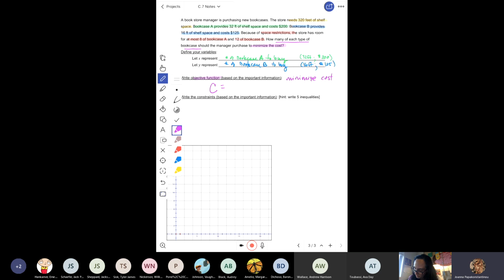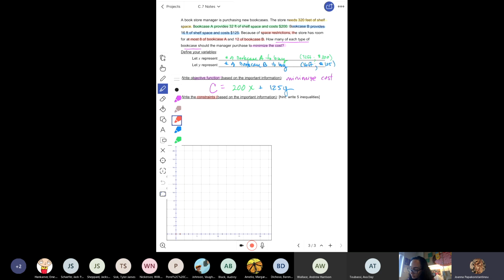Anybody have a clue about minimizing cost? No? $200 for every bookcase A I buy, plus $125 for every bookcase B I buy. So I want to minimize that cost, that C. Are there any questions on how I arrived at my objective function C? I'm going to assume no.